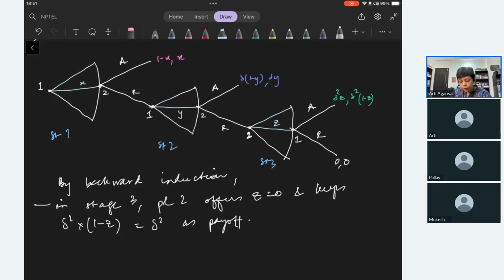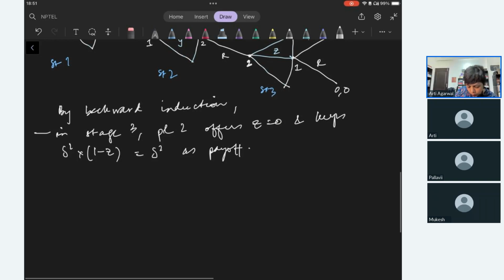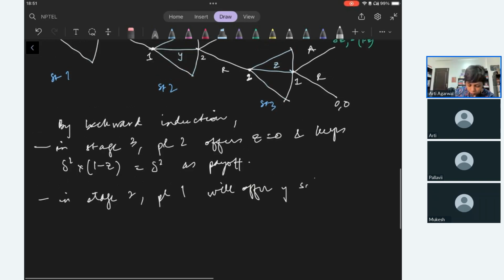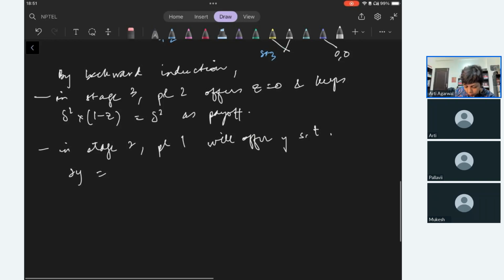So in stage 2, player 1 will offer Y such that delta Y is equal to delta square, which implies Y is equal to delta, right?